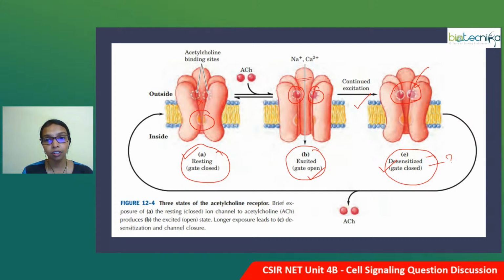Desensitized, you can also call it a kind of termination process, one way of terminating a signal transduction pathway. So after some time, slowly, gradually, this acetylcholine will be released and the receptor will come back to the first phase, ready to take up another set of reactions.